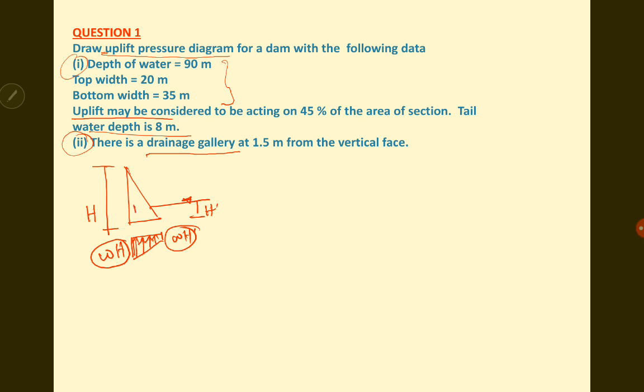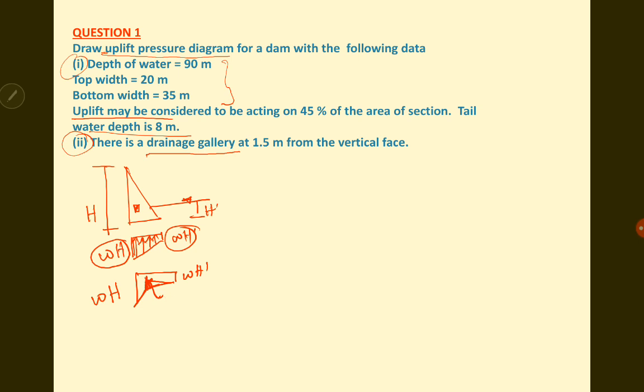Now suppose you have a drainage gallery. There will be a change in this diagram, and it will change like this, where at the drainage gallery there is a reduction in the uplift pressure. This will be W into H, this will be W into H dash. There is no change here. Only wherever there is a drainage gallery, there is a reduction in the uplift pressure because of the drainage gallery.